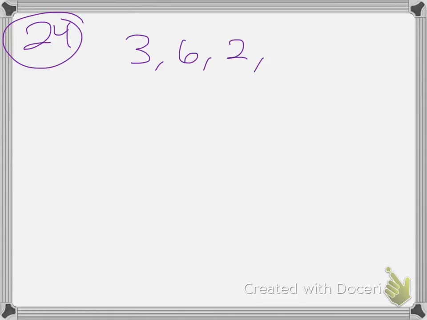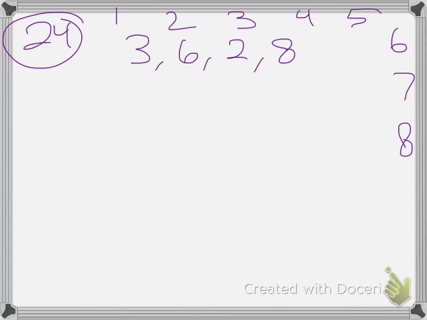So here's how it works. Here's how 24 works. We're going to give you 4 numbers: 3, 6, 2, 8, and those are going to have to equal, using those numbers, you're going to try to get as many numbers as you can, 1 through 24.